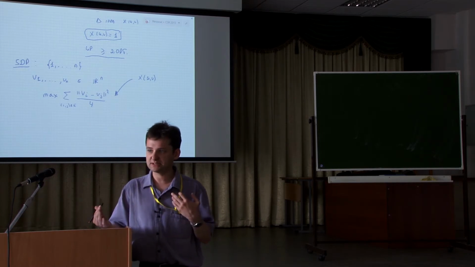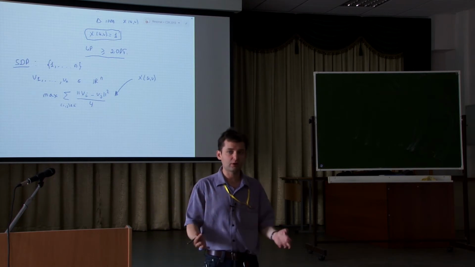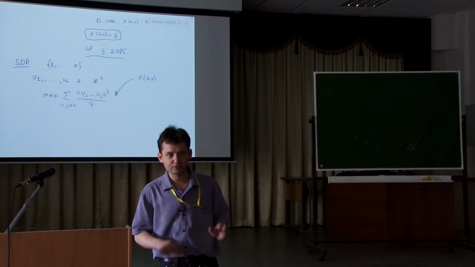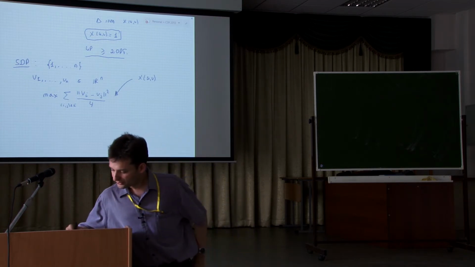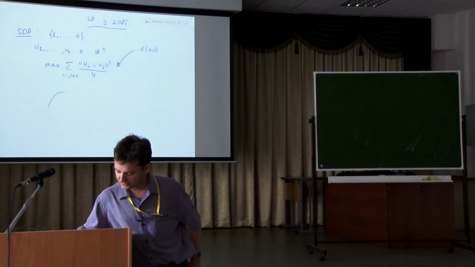Previously we had those cut metrics, and our hope was to get a cut metric, even though after solving the LP we could get something else, and we had to use Bourgain's theorem to get a real cut metric. Here the intended solution is the following, that's what we really hope to get.